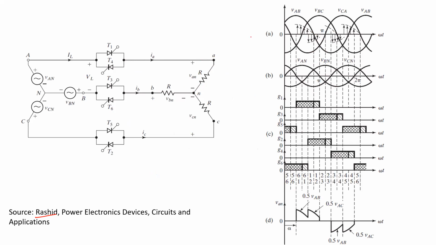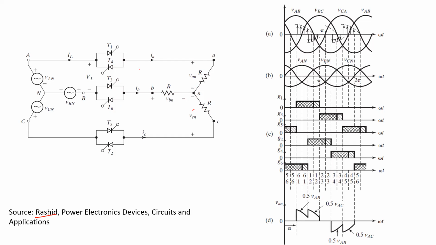For this, we are only going to talk about phase voltages, and we'll see how these phase voltages are taken. As I explained earlier, we keep only two phases conducting all the time. If these two are conducting, this will turn off.